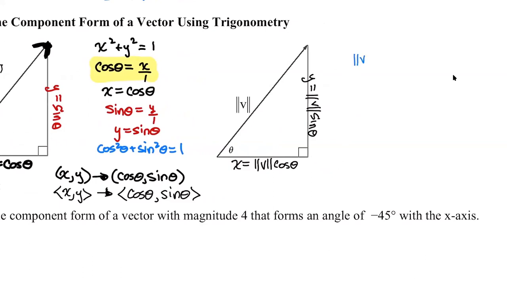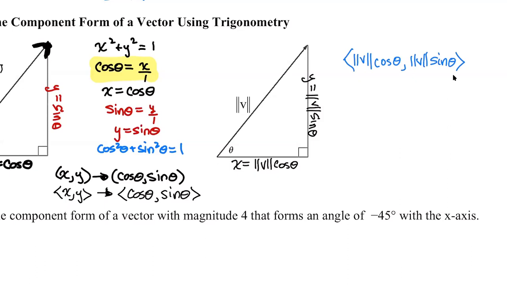The magnitude of v cosine theta, comma, magnitude of v sine theta. All right, so this is the component form of a vector, in general terms.